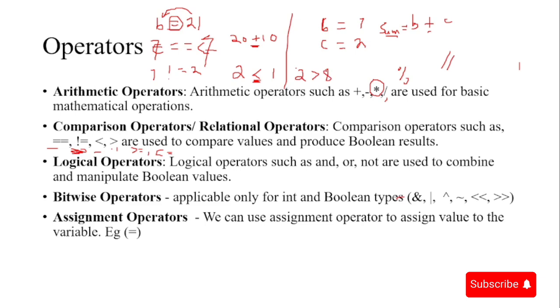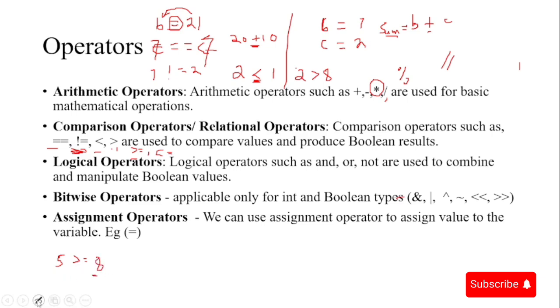Then we have greater than or equal to. It means this value on the left, for example 5, can either be equal to the value on the right, or it can be greater than the value on the right.